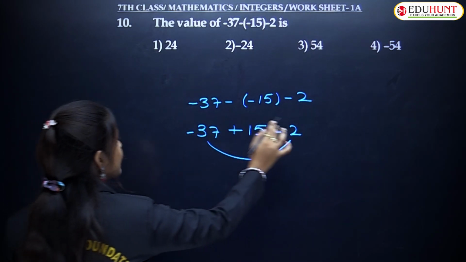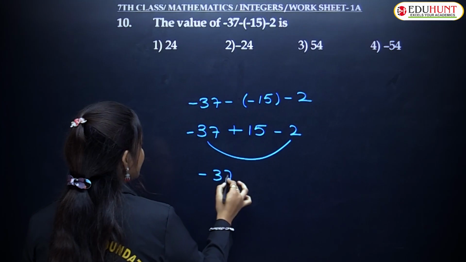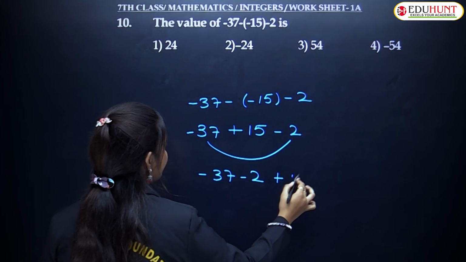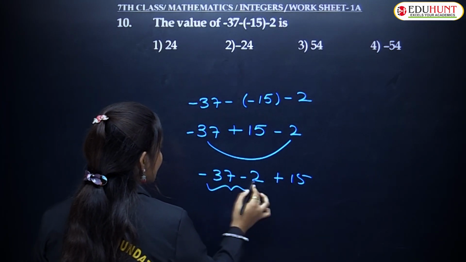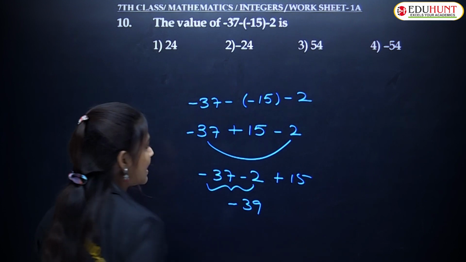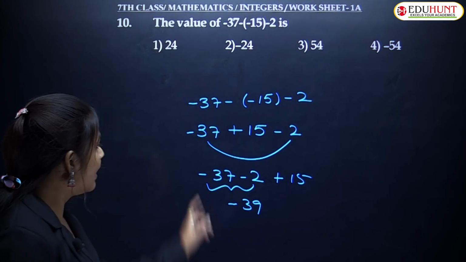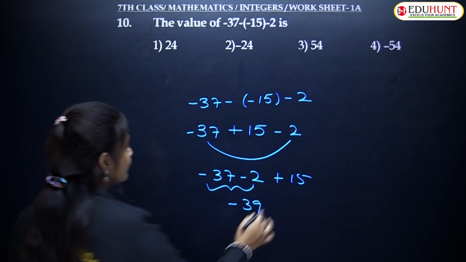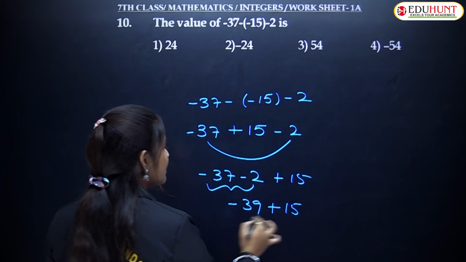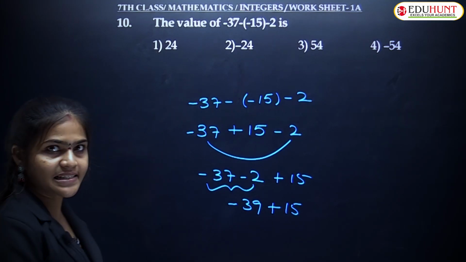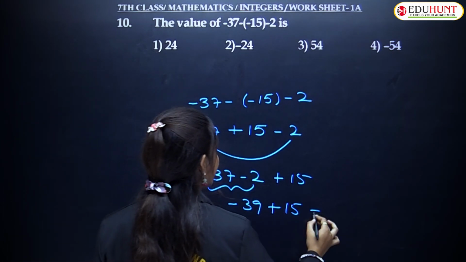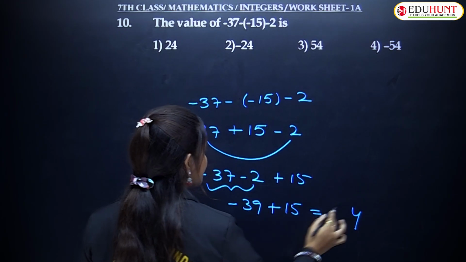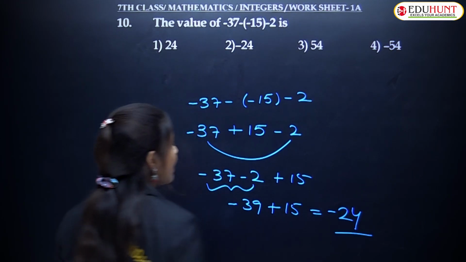So minus 37 minus 2 plus 15. Minus 37 minus 2 is minus 39, since 37 plus 2 is 39, with the negative sign. Plus 15. Now these two have different signs. 9 minus 5 is 4, 3 minus 1 is 2, and minus 24.